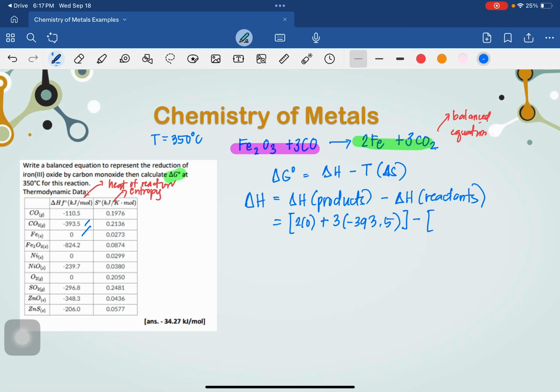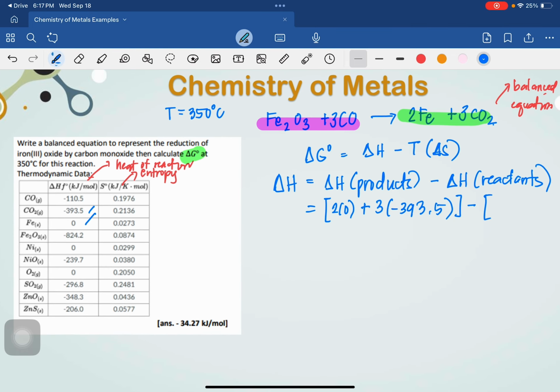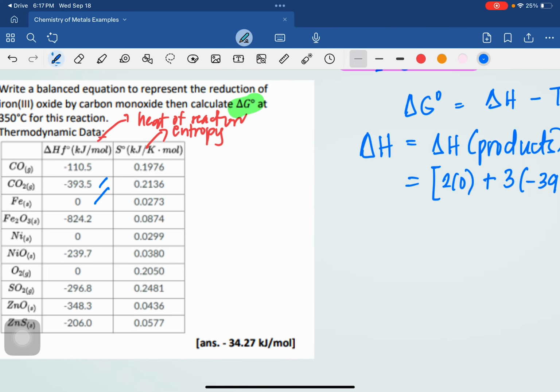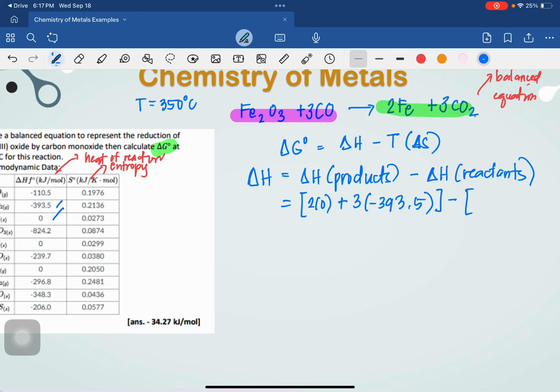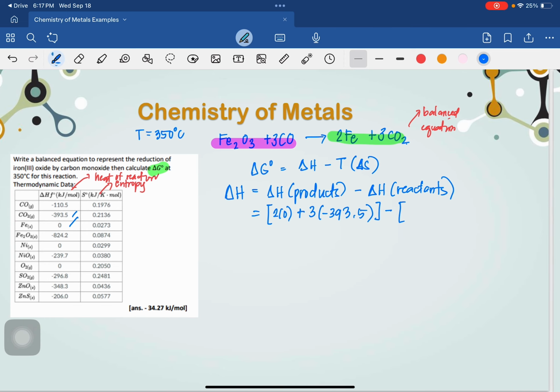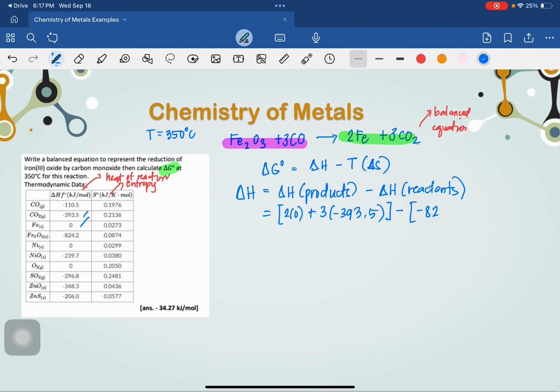For ferric oxide, we check it here, there you go. It's negative 824.2, plus we have 3 moles of carbon monoxide, and that will be negative 110.5.